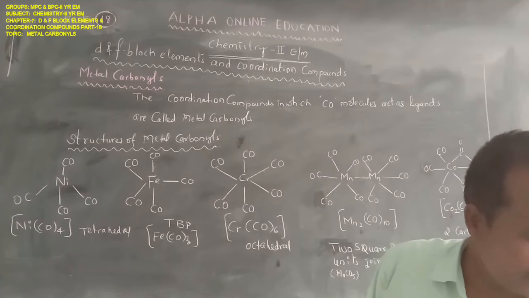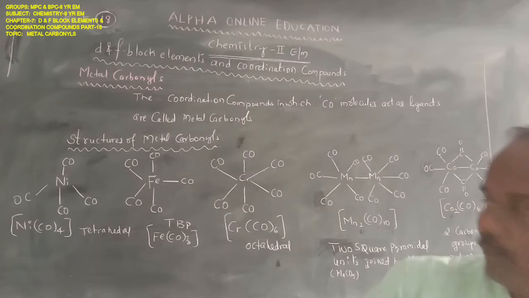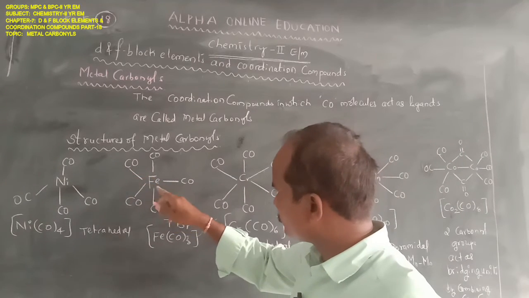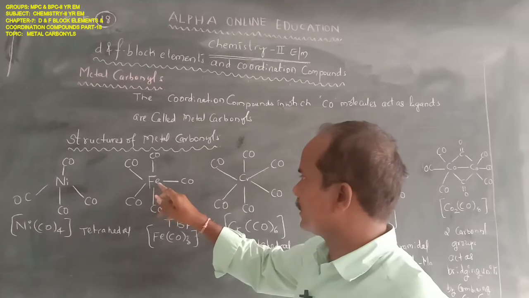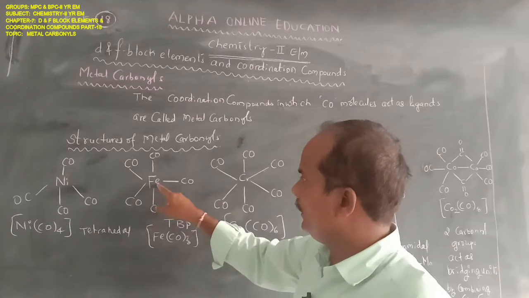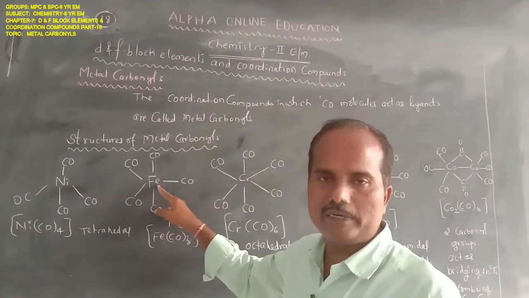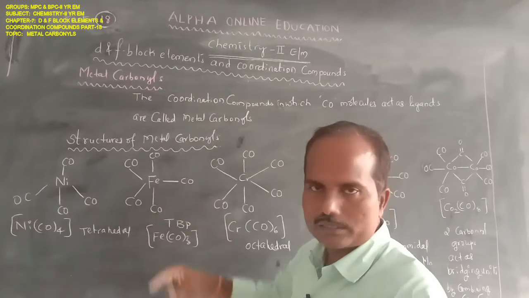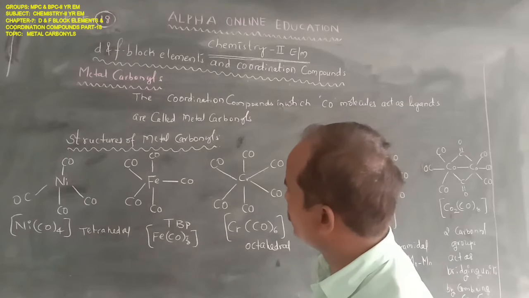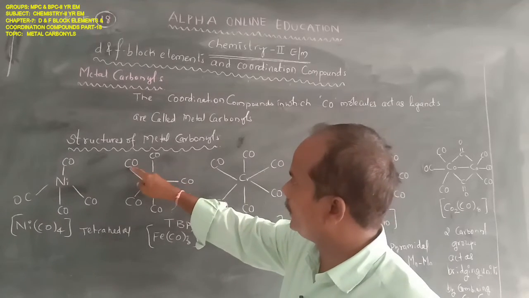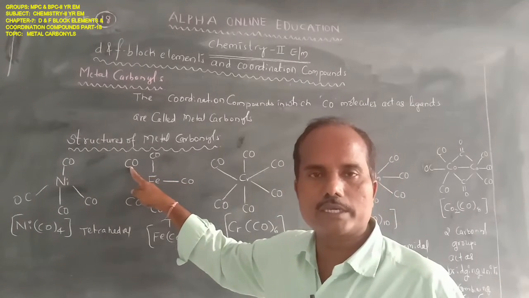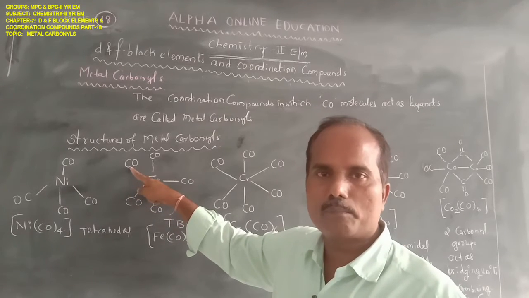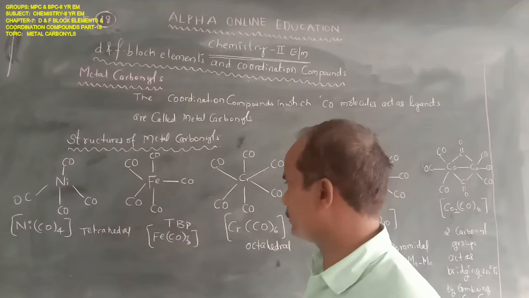Next, how the pi bond exists: electrons from the filled orbitals of the central metal atom are donated to the carbon monoxide anti-bonding pi star molecular orbital.